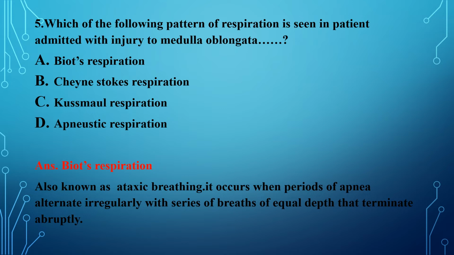So what is meant by Biot's respiration? It occurs when periods of apnea alternate irregularly with series of breaths of equal depth that terminate abruptly. So in Biot's respiration, first there will be a period of apnea. Apnea means absence of breath.